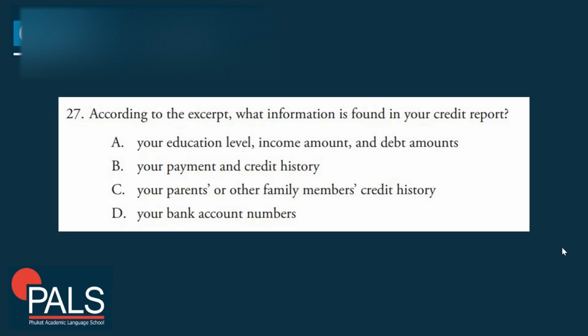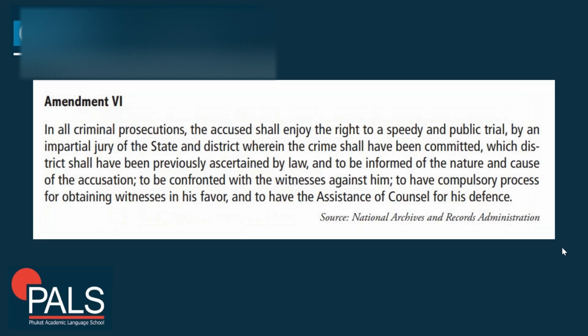Anyone can, it tells you who can do a credit report in the text. C, your parents or other family members' credit history would definitely not be included in your credit history because of privacy, and your bank account numbers would be extremely dangerous for your privacy and identity theft. B, your payment and credit history is correct.